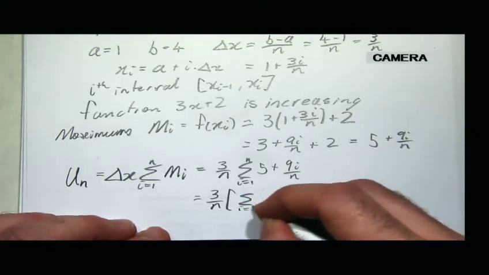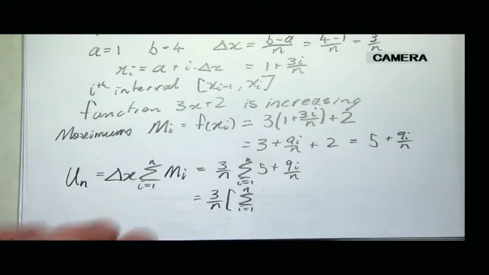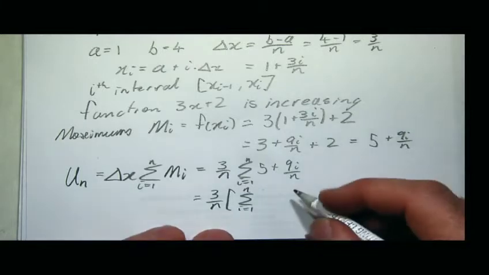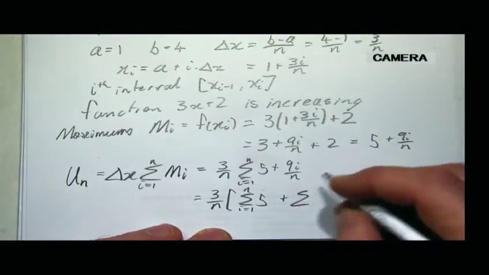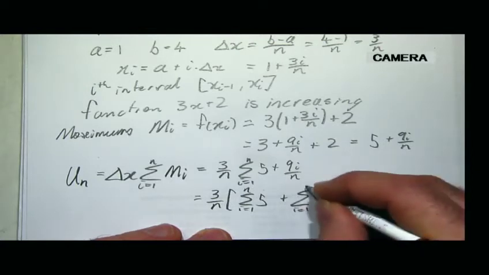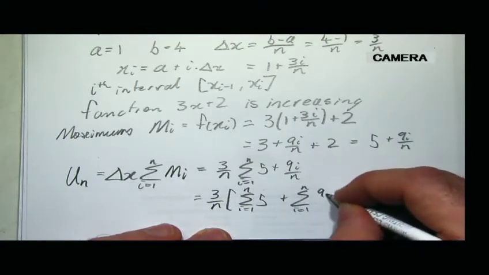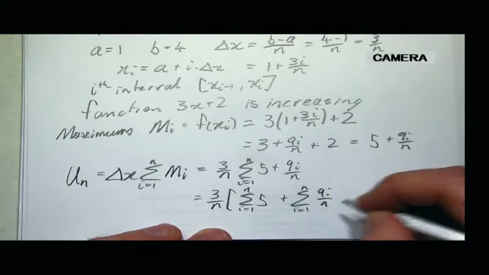It's important that we're careful with brackets to say what's multiplied by what. When I'm splitting this up, I put brackets around the whole thing so I don't get confused. If I put my 5 here, plus my sum, i equal to 1 to n, 9i on n.